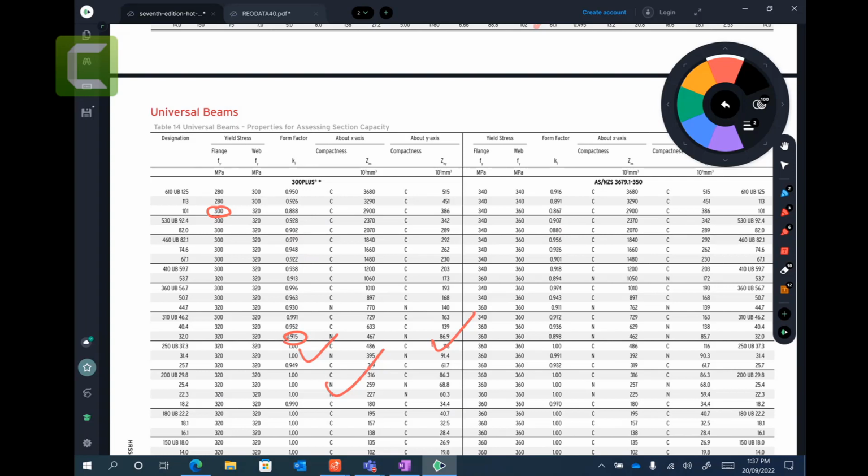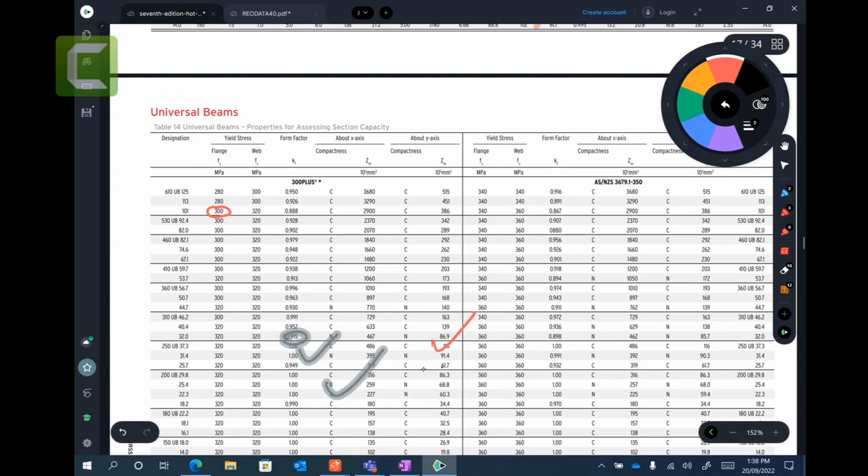Yep, ET219, and it should come up here. It is there. Yep, it is there.